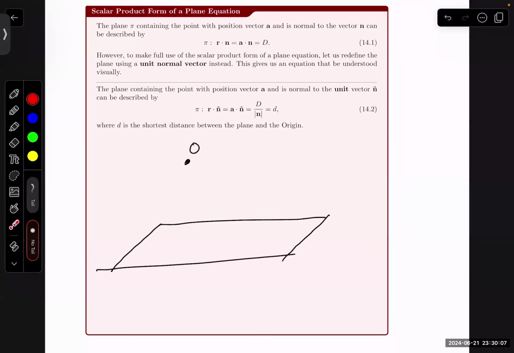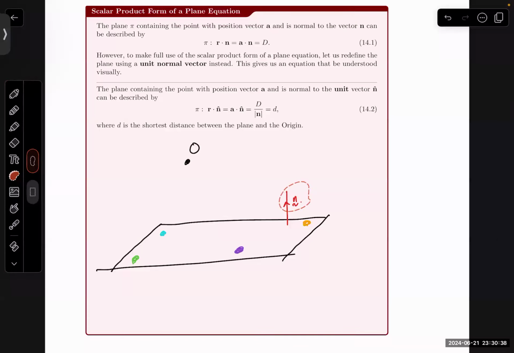The normal to this plane, if we take any point on the plane, I'm just going to draw a few dots: blue color dot, green color dot, purple color dot, orange color dot, in some random places.